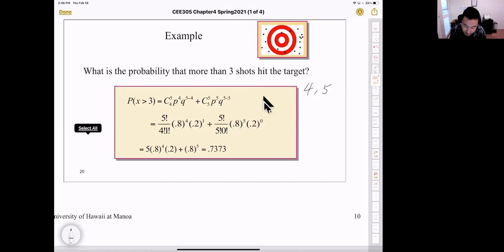So P(X > 3) is equal to P(X = 4) plus P(X = 5). So plug in the values of n and x. So 74% chance more than 3 shots hit the target. Any questions so far?